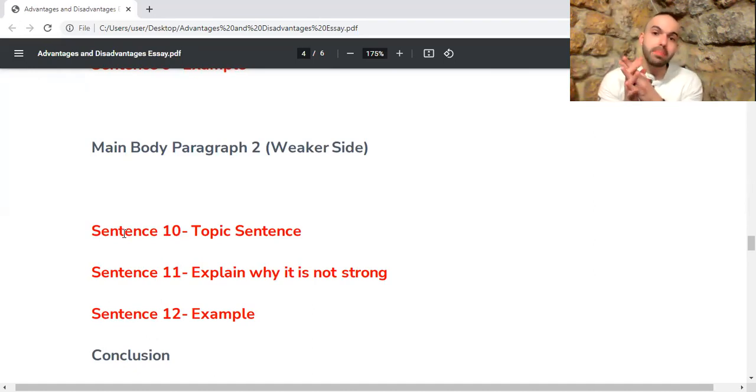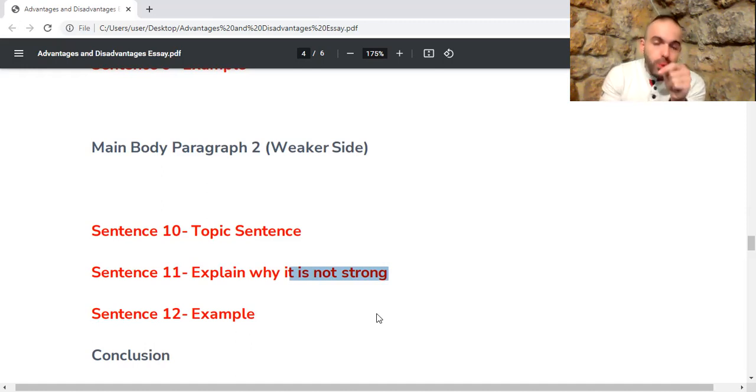But in the explanation, you can't support your disadvantage. You need to explain why this is not strong, as if you are trying to deny it to make it an advantage. That's what you have to do literally.